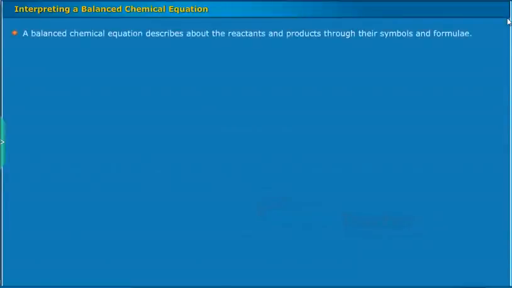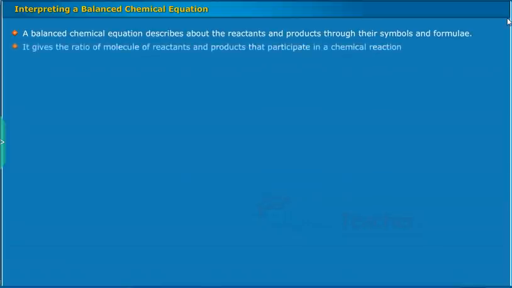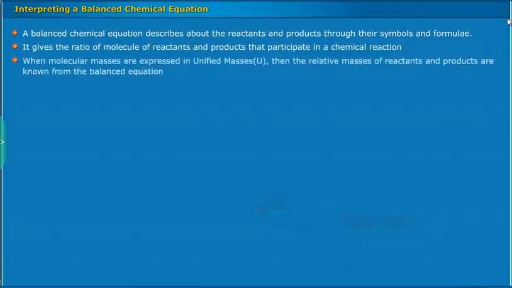Interpreting a balanced chemical equation. A balanced chemical equation describes the reactants and products through their symbols and formulae. It gives the ratio of molecules of reactants and products that participate in a chemical reaction. When molecular masses are expressed in unified masses U, then the relative masses of reactants and products are known from the balanced equation.